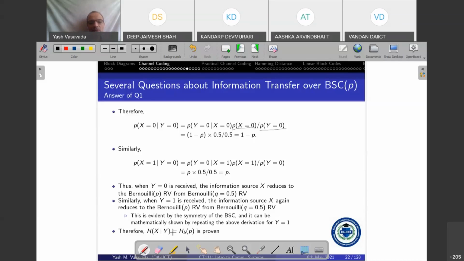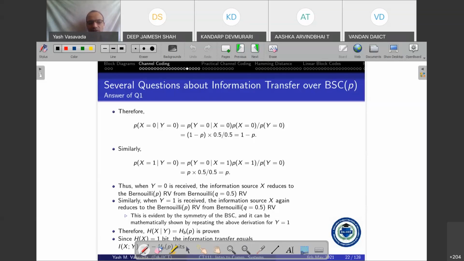So now what can you say about the information transfer in general? Remember, the entropy of x is 1 bit because we have taken q to be 0.5.